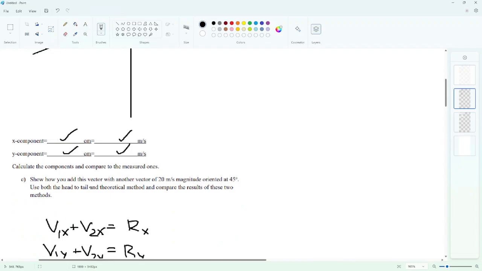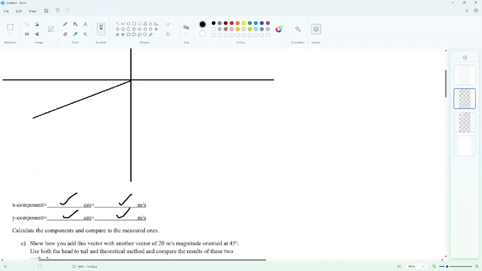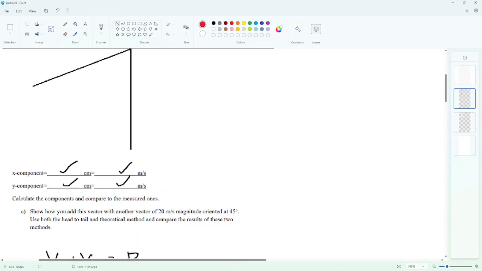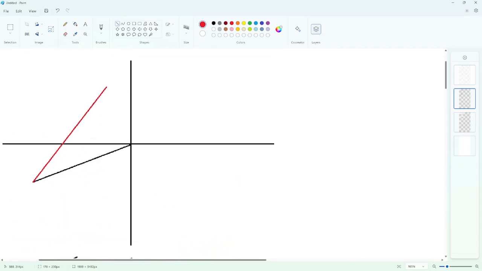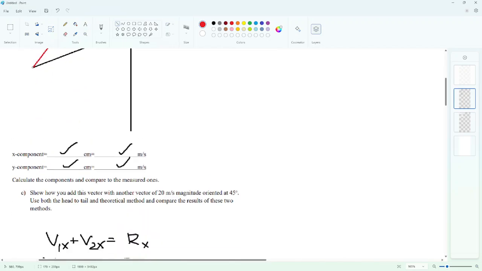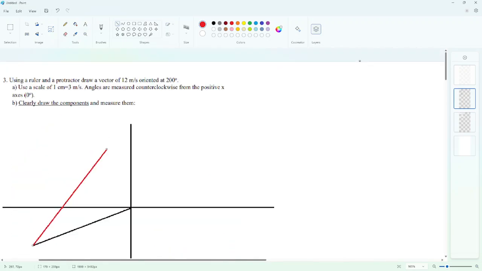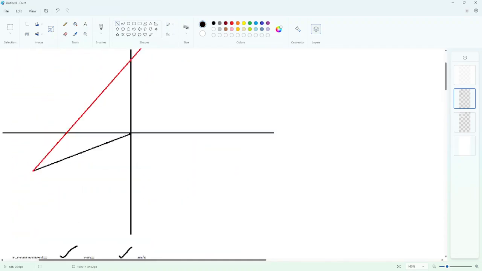As far as the head to tail method, what this is going to entail, no pun intended, is adding to this vector a 45 degree vector that has a magnitude of 20 meters per second. Of course, you'll be using this scale right here to go ahead and add it. Could end up somewhere over here probably. And then afterwards, you would just measure the resulting vector.